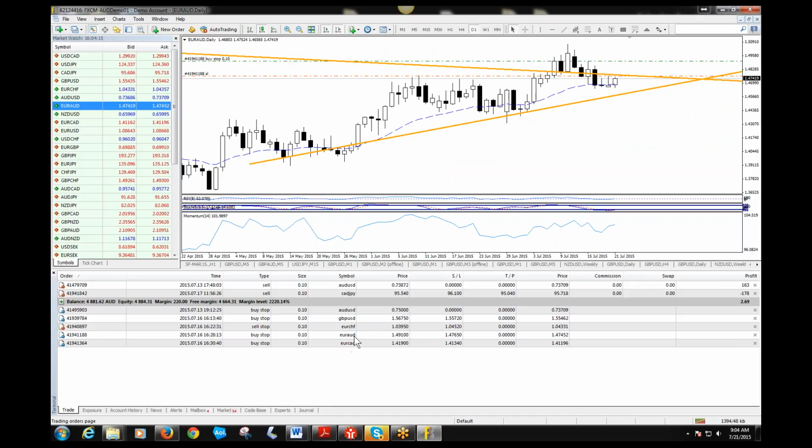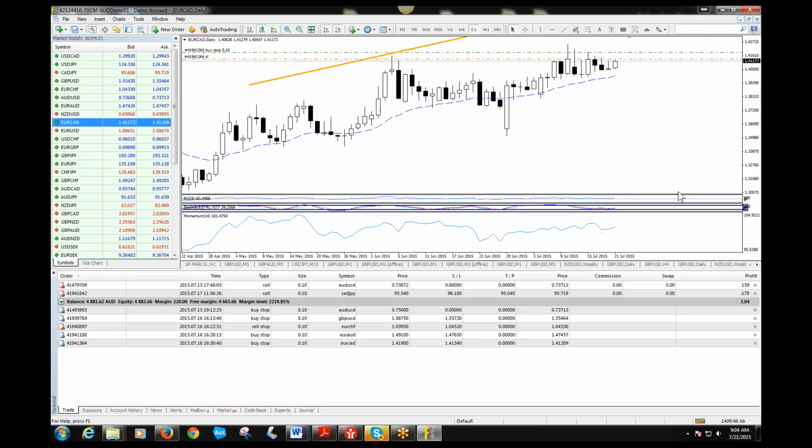The last one was Euro CAD, a buy stop also, right here. Again, prices went sideways, but we had the rising 21 and it was not cutting through the candle. So all of these setups were correct. We just didn't get any price action to cooperate with us.